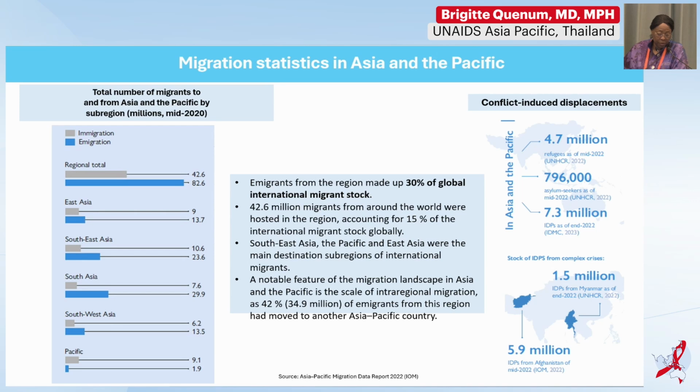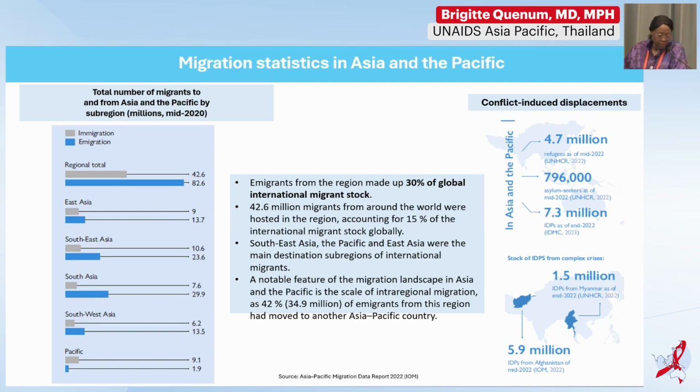The AP region also receives around 42.6 million international migrants, and the highest concentration, 10.6 million, is in South Asia. And again, you can see that on the left side of the slide.